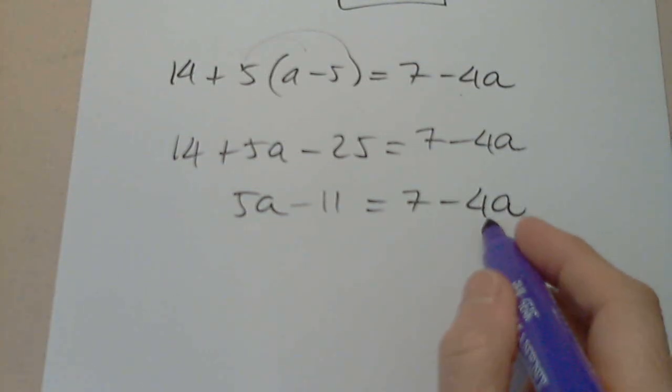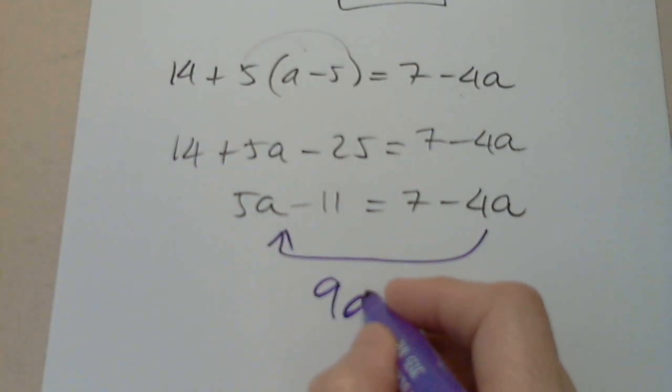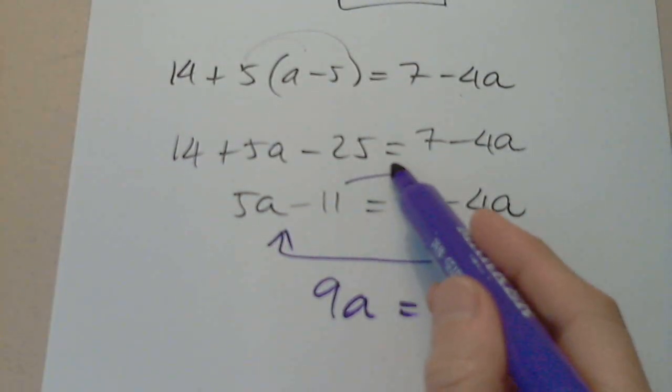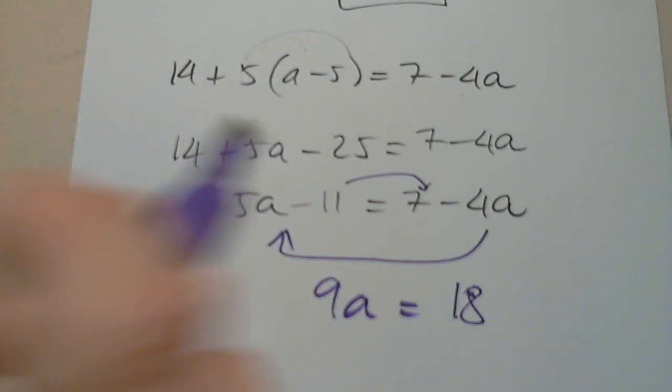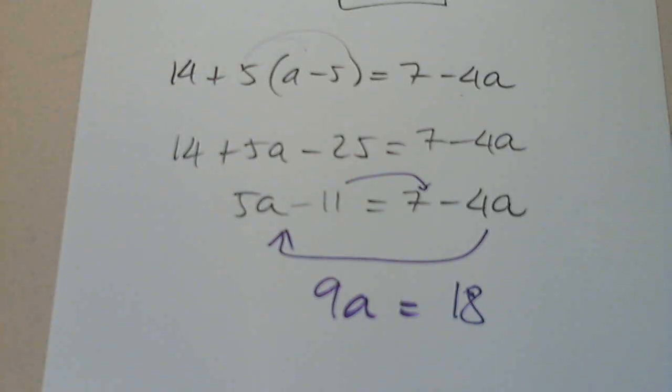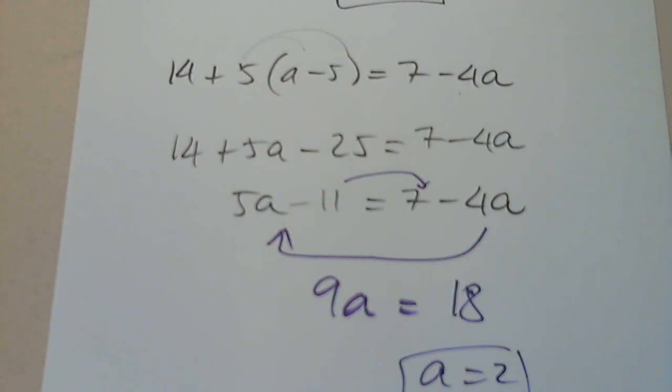So I will bring the positive 4a here and I get 9a. I will bring the 11 here and I get 18. I will divide by 9 to get a equals 2. Any questions?